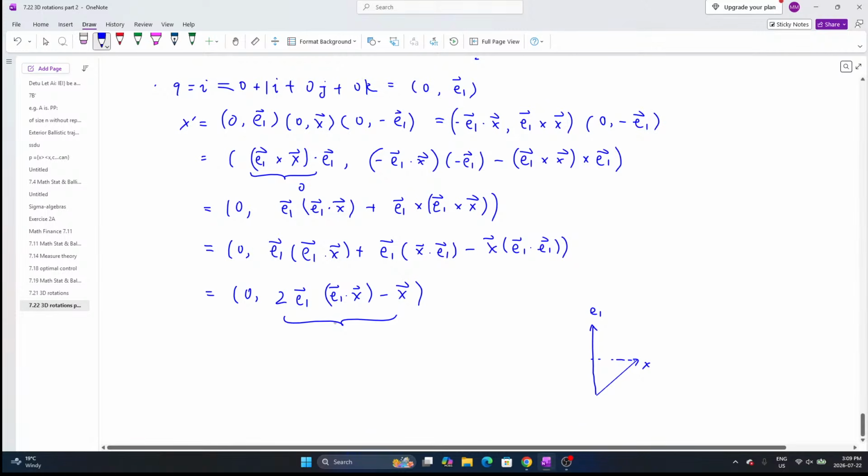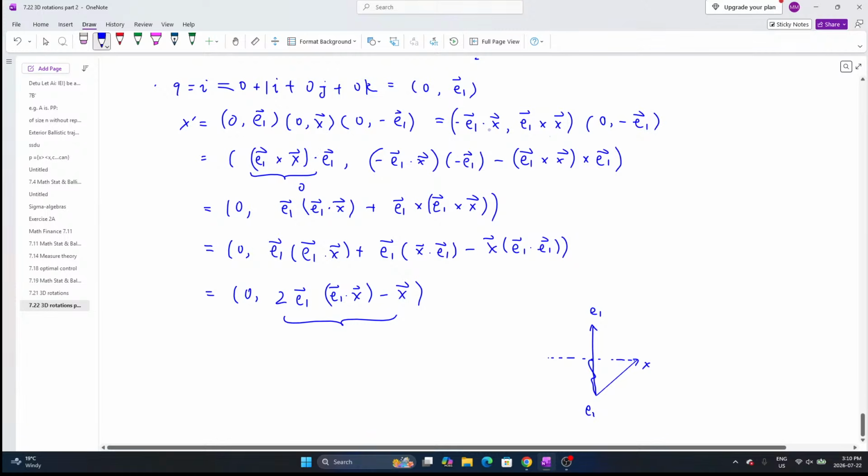Hold on a second. 2E1. We're saying that this is E1 times. Did I make a mistake here?